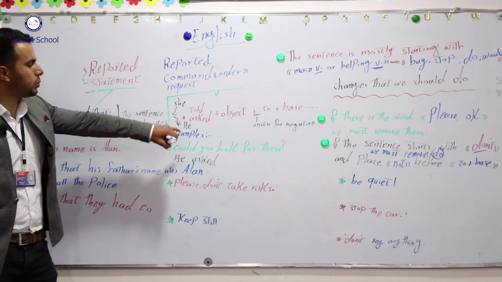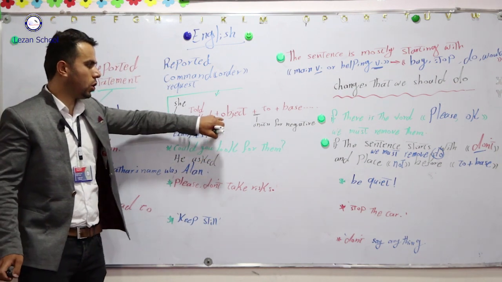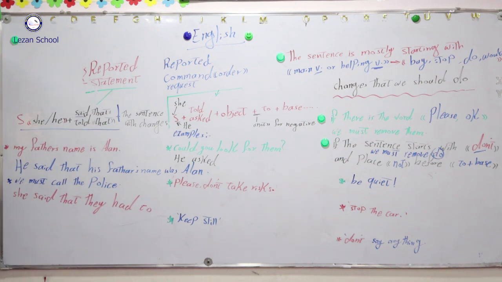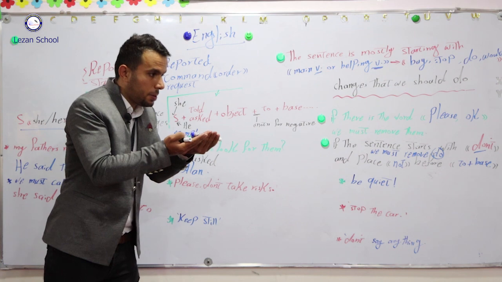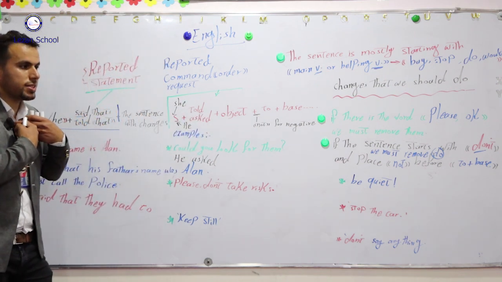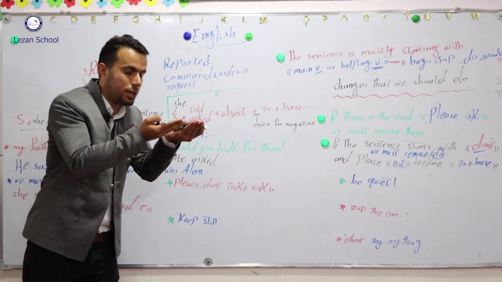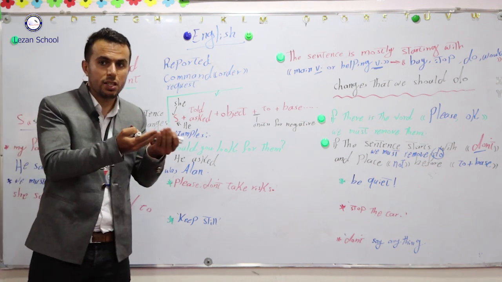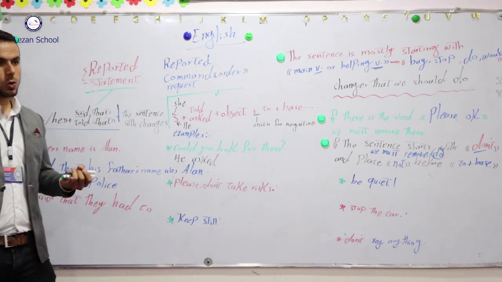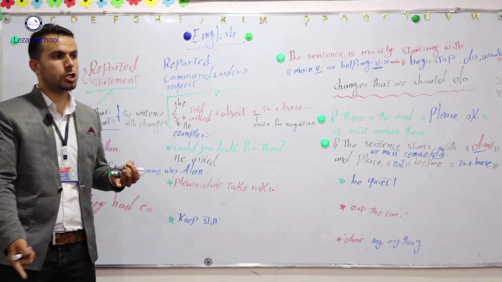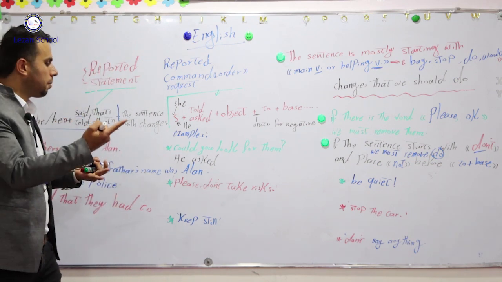It's according to the rule. Then object. Yes. Could you look for them? It's me who is asking someone else. But who is someone else? Who is the object of this sentence? It could be the police. It could be me.